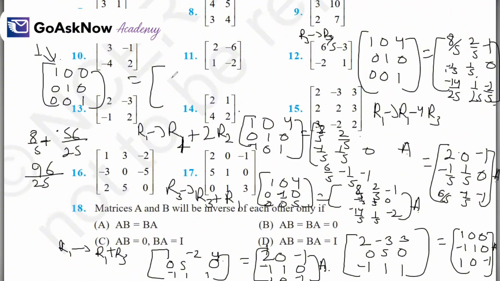So in the upper side, you will get 96 by 25, then 2 by 5 minus 4 by 25. So here you will get 6 by 25.